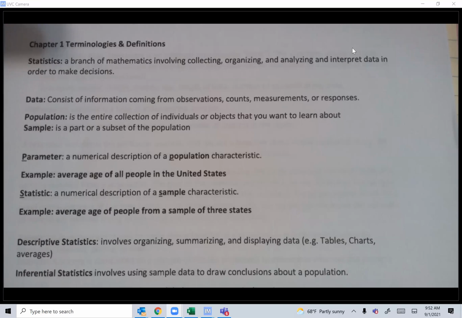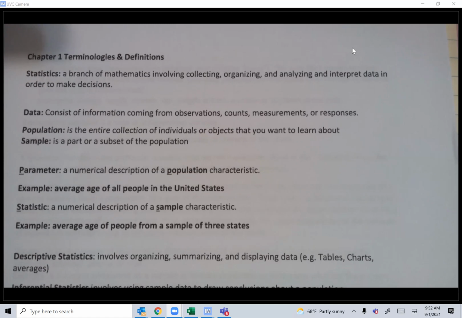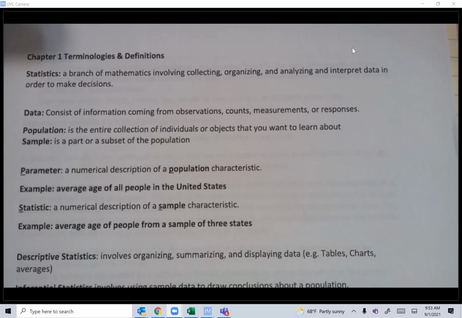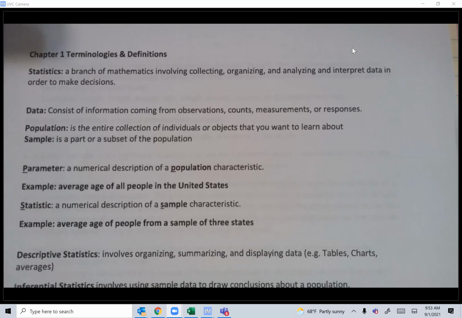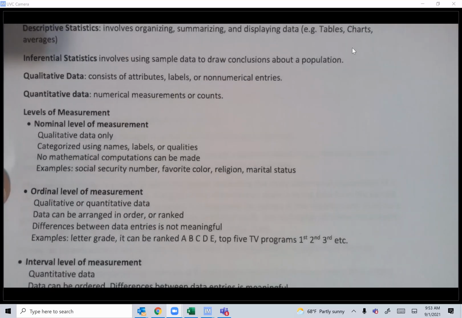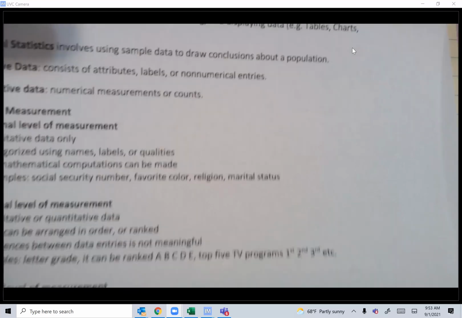So this is a summary of chapter 1, as you can see. So you can have this handy as you do your homework. It summarizes everything that we have done, guys, so far. So I put it toward the end. Levels of measurement: nominal, ordinal, interval, with examples.